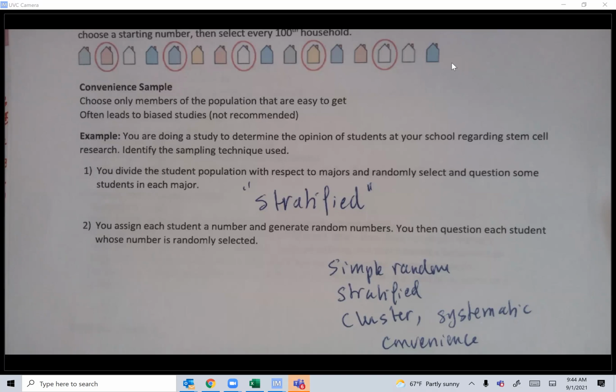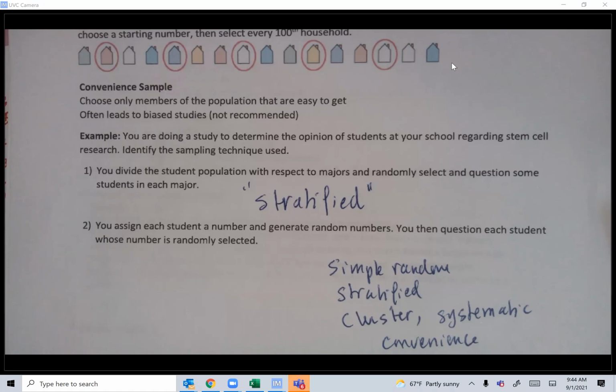A system would be if you say, I'm going to pick every third, every fourth. We asked some technology to pick some random numbers for us from the numbers we assigned to students. Let's say I have 100 students. I can tell the calculator I have students from 1 to 100, and then pick 5 numbers for me.